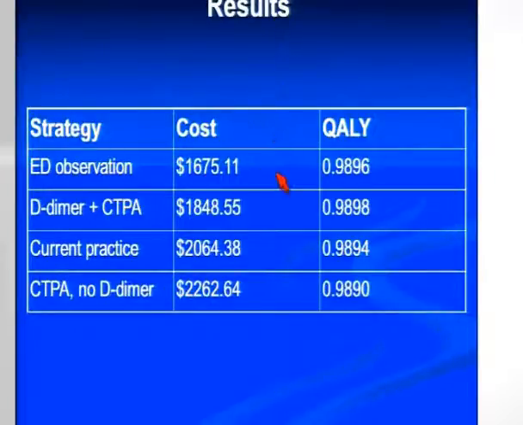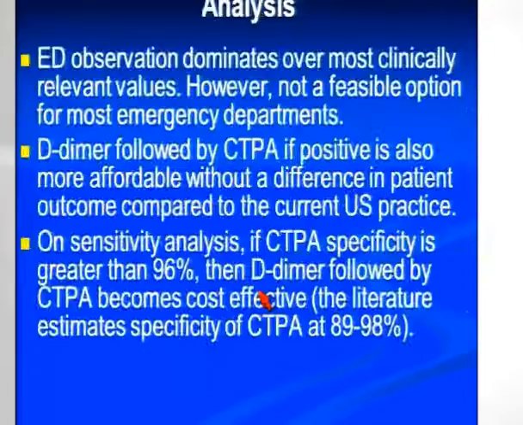When we look at ED observation, it's the most affordable option per patient, followed by the D-dimer plus the CTPA if the D-dimer is positive. Then the current U.S. practice is the next most affordable, and performing CTPA on every patient is the most expensive strategy. As I mentioned, there's no difference in the quality outcomes.